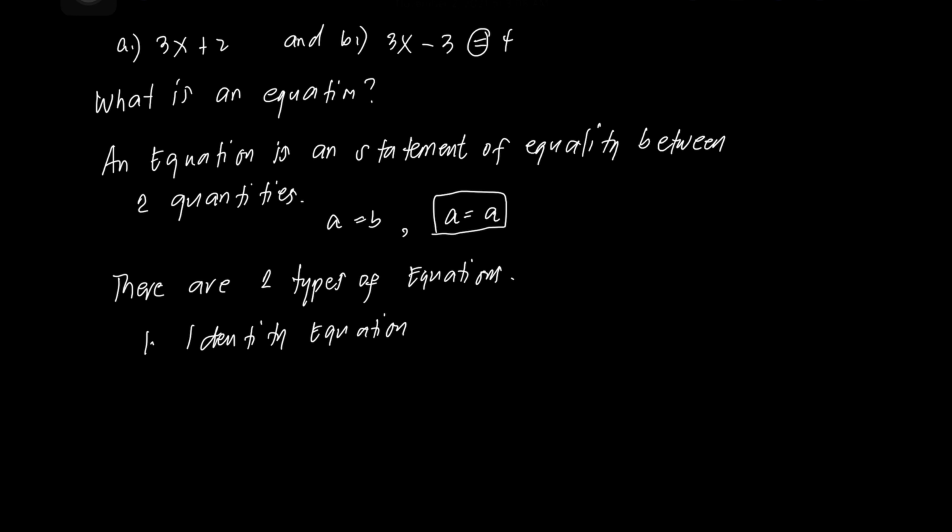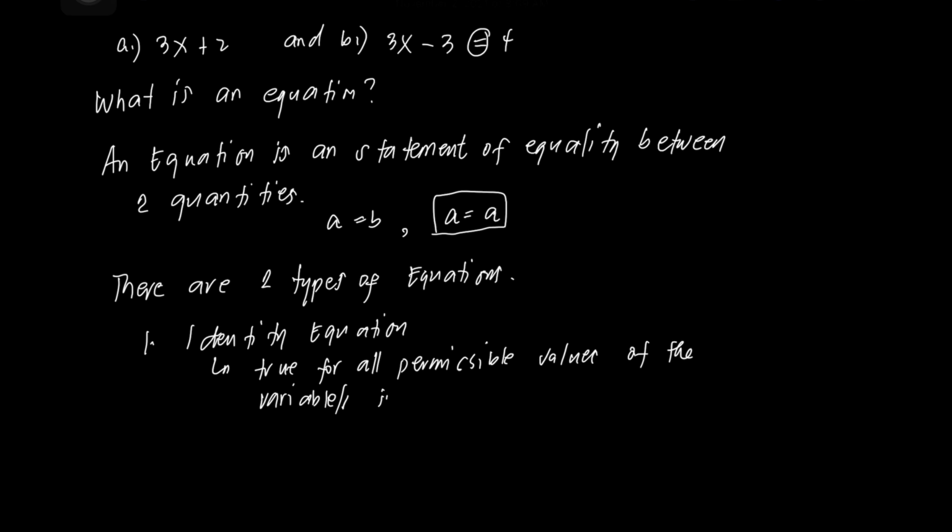An equation is an identity if it is true for all permissible values of the variable or variables in the equation.